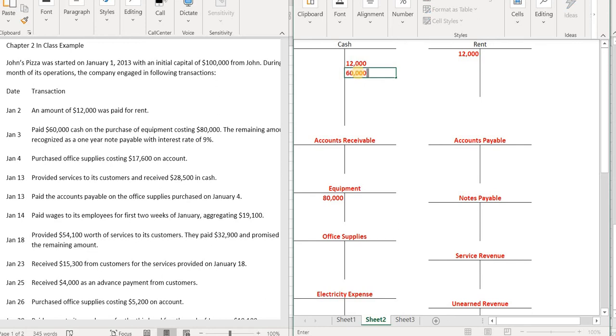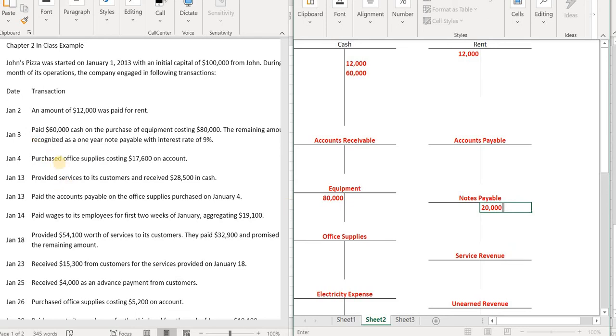Now we need $20,000. Every entry must balance. So I got a debit of 60, a debit of 80, a credit of 60. I need a credit of 20, and remember we have a note payable. Note payable is a liability, so it will have a natural credit balance of $20,000.